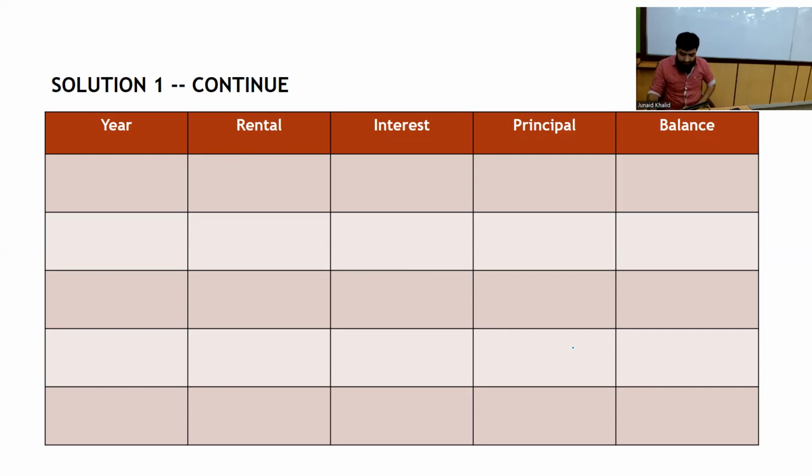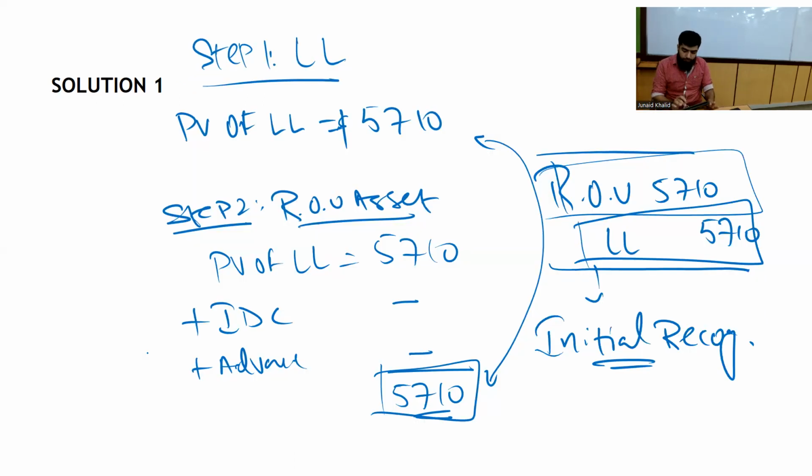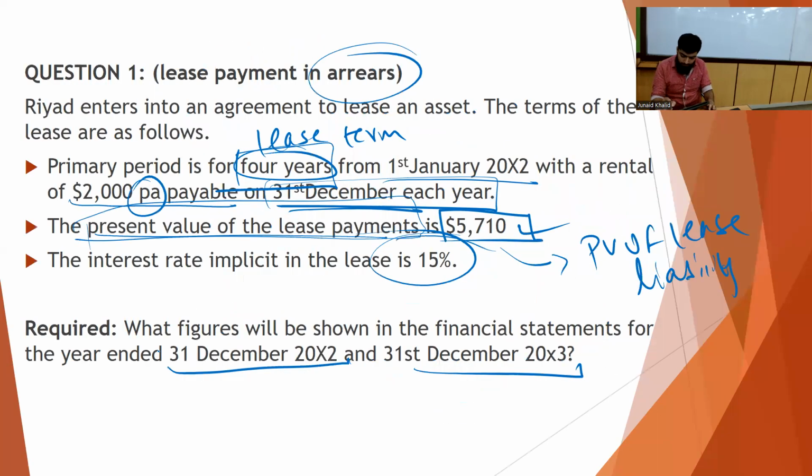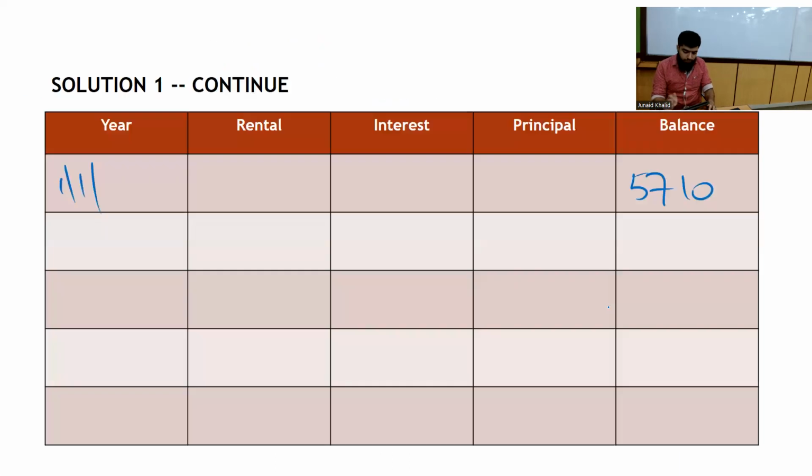Now how to fill up this table? Let's start. First of all, we have a lease liability, the present value of the lease liability, that is 5710, the balance, and that is on 1st January 20x2, the date of agreement.